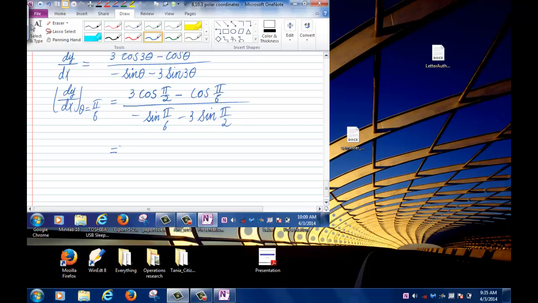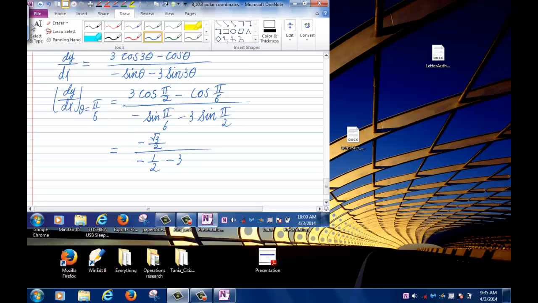Cosine pi over 2 is what? Cosine pi over 2 is 0. Cosine pi over 6 is root 3 over 2, right? And in the denominator, I get negative half. Negative sine pi over 2 is 1, so I get negative 3 here, right?